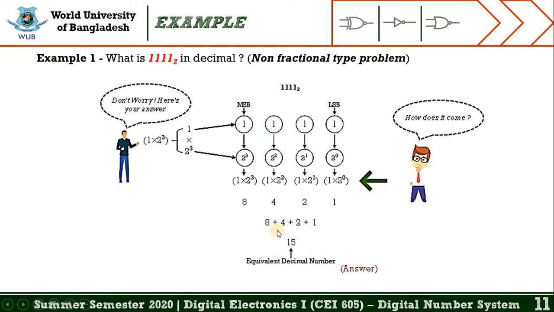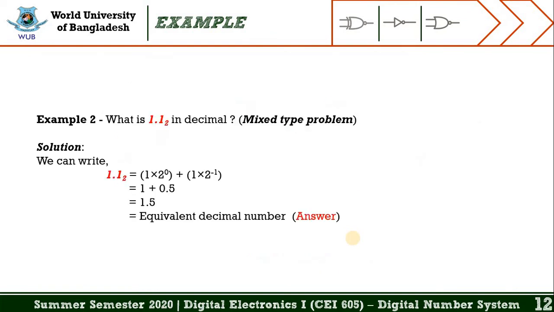Adding these, 8 plus 4 plus 2 plus 1, we get a single decimal number, 15, which is the equivalent decimal number of the given binary number. I hope you understand this conversion of binary to decimal, and let's move to the next slide.